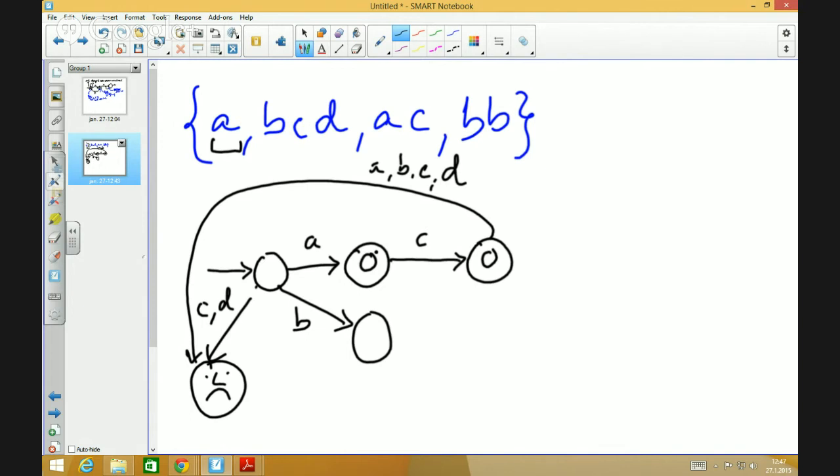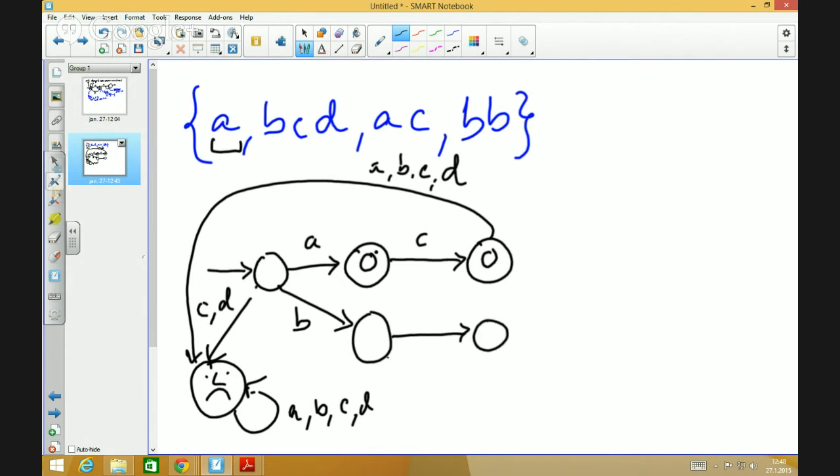That's why I'm saying from now on, we only draw the interesting stuff, because a lot of the stuff is going to go to the bad guy. And when we are in the bad guy, no matter what I see, I stay bad. Okay, so if I am in this state, what is it that I want to see? I've seen a B. I can see another B and be happy.